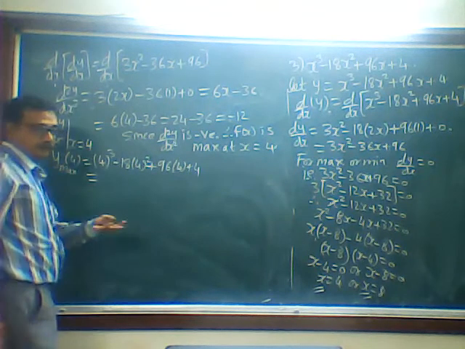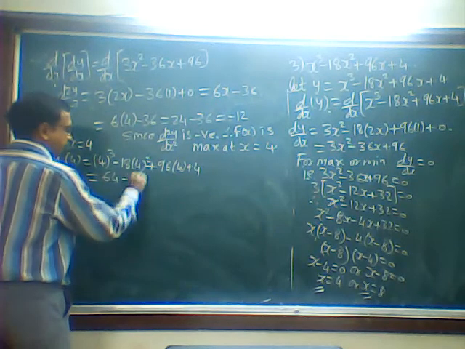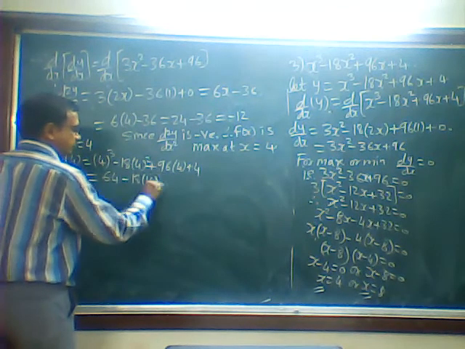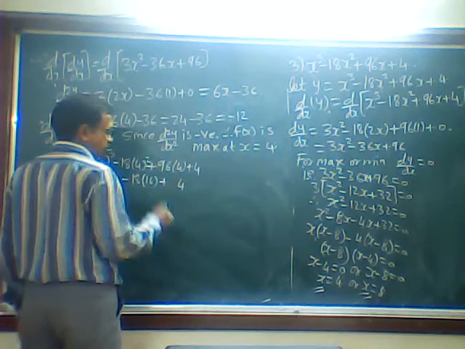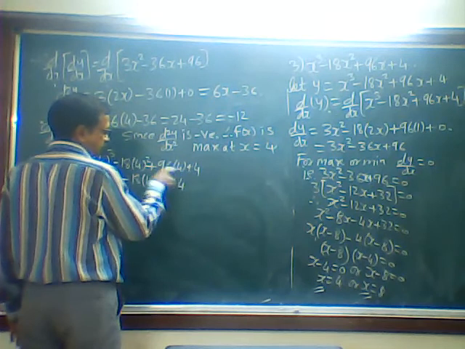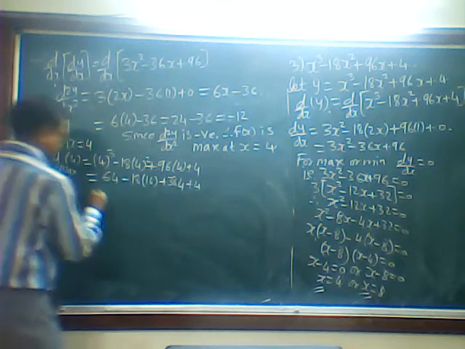4 cube means 4 4s are 16, 16 4s are 64, minus 18 into 16, plus 96 into 4 is how much? 4 6s are 24, 2 carry over. 4 9s are 36, 38, plus 4.